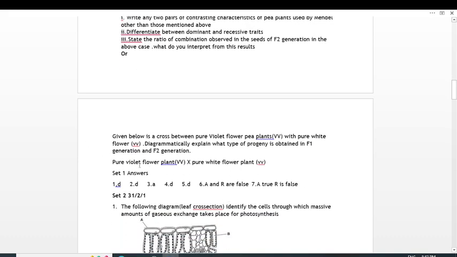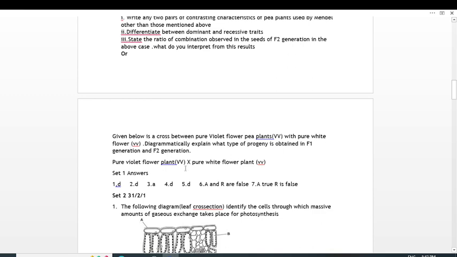Next, the last question given below is a cross between a pure violet flower pea plant, that means capital V, with a pure white flower. If pure is mentioned, definitely you want to write both alleles the same. If it is hybrid, you want to write the mixed genotype. So diagrammatically explain.